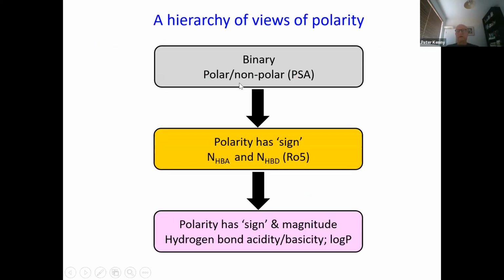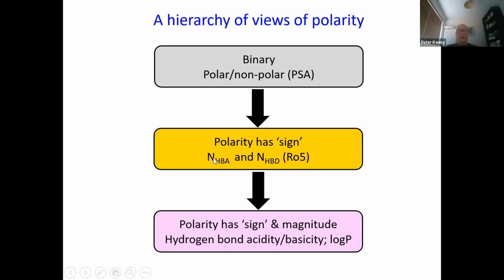So here are some views of polarity. We've got the binary view, polar, non-polar, and this is where polar surface area comes in. You might have encountered polar surface area. It's a very popular descriptor. Sometimes it works, sometimes it doesn't. The next level is that polarity has sign.